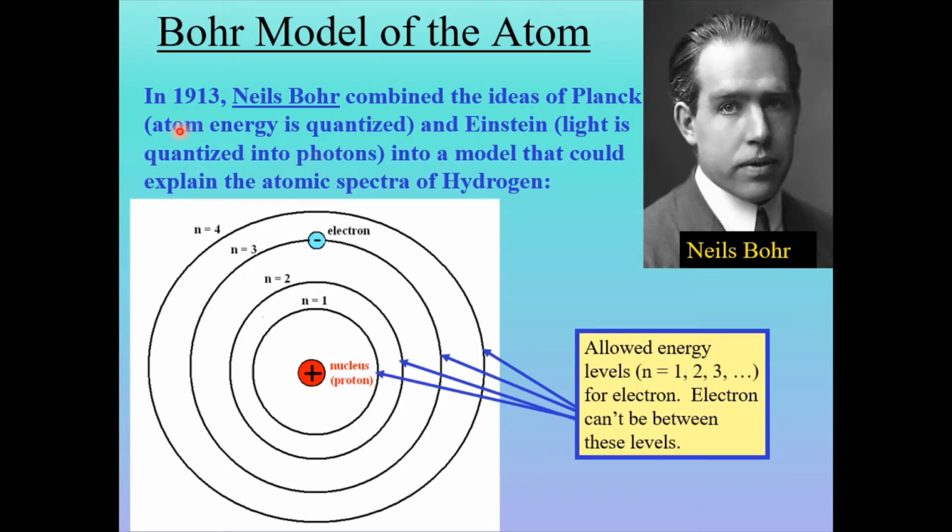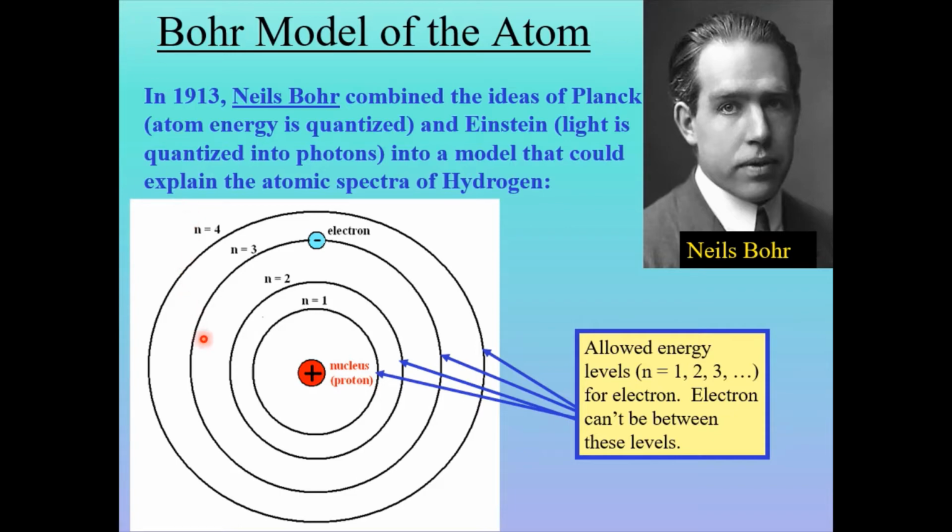So putting these ideas together, in 1913, the great Danish physicist Niels Bohr combined these two ideas into a model that could explain the atomic spectrum of hydrogen. This is called the Bohr model of the atom, and Bohr won the Nobel Prize for developing it. This was the first successful explanation of the atomic spectrum that was seen for hydrogen.